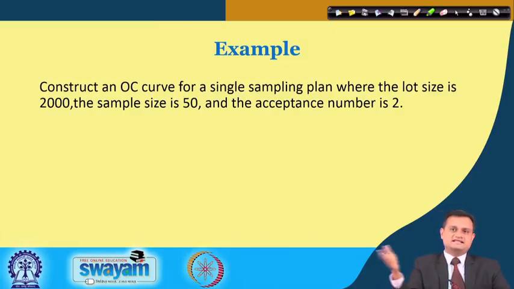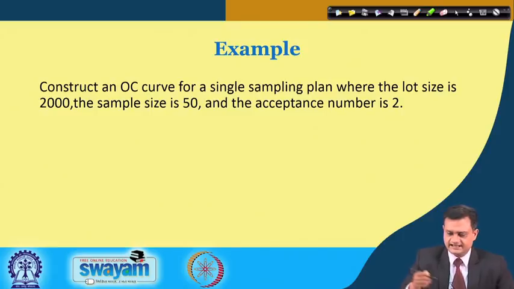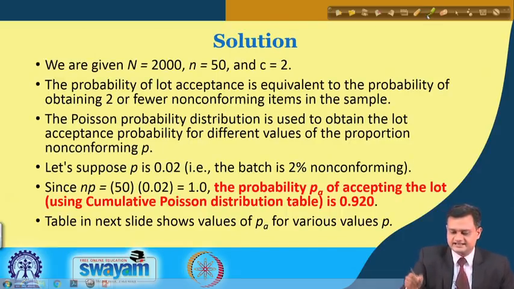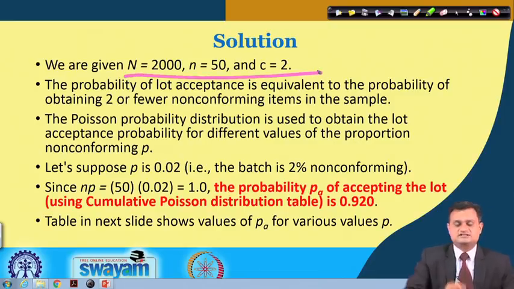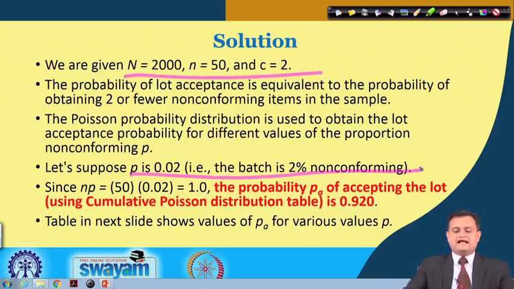There could be many samples you may take, but the lot is of 2000 and the acceptance number is 2. So now let us see how I can construct the OC curve for this. The given data is like this: N is equal to 2000, n is equal to 50 and c is equal to 2. So let us say my p is 0.02, that is, the batch is 2% defective.